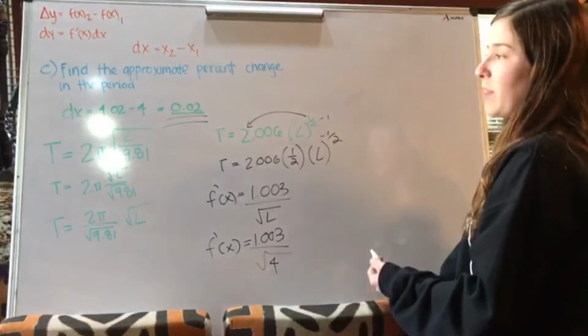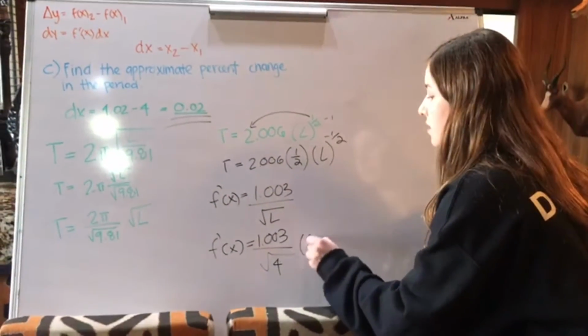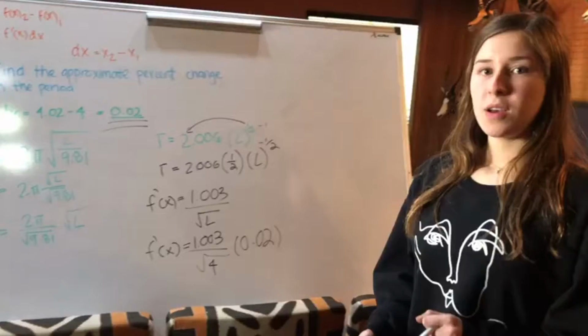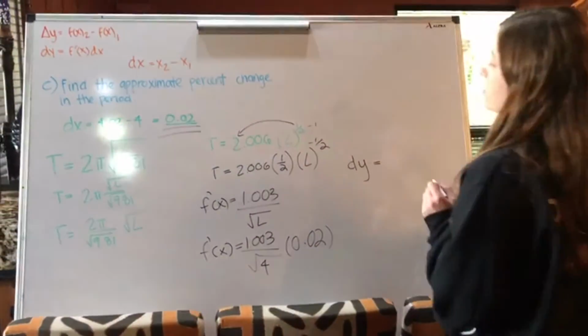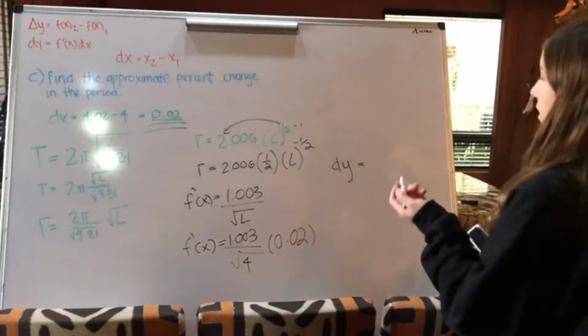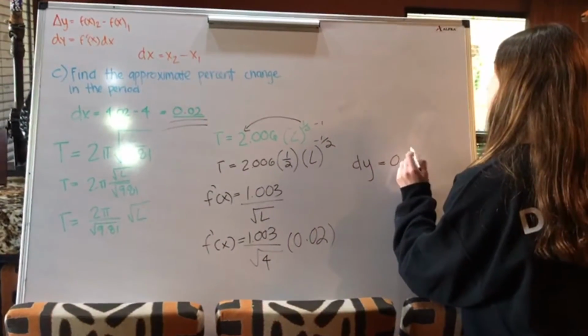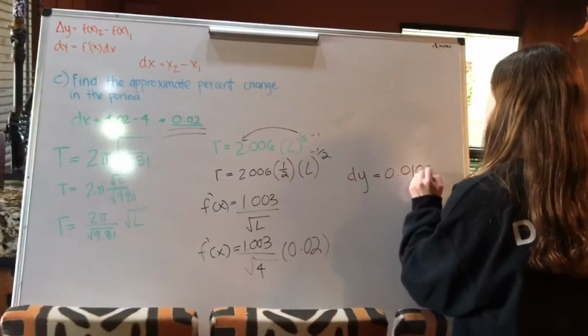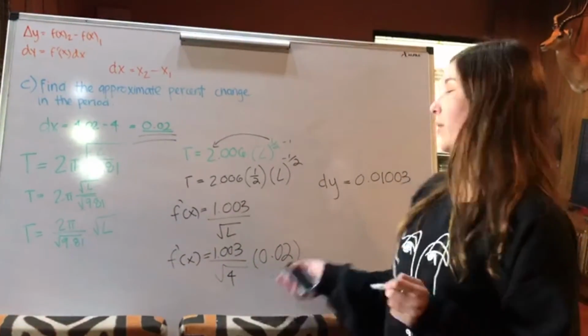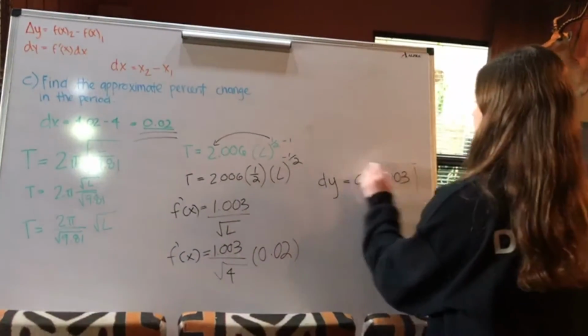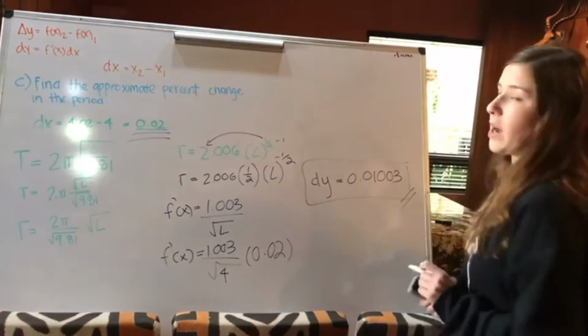We take 1.003 over the square root of L and multiply it by the dx, which is 0.02. So dy will be 0.01003. If you plug this into the calculator, you will get this, and this is the answer.